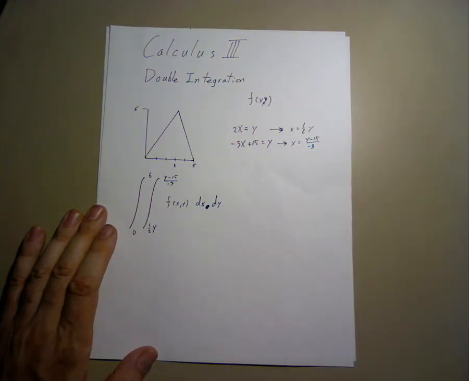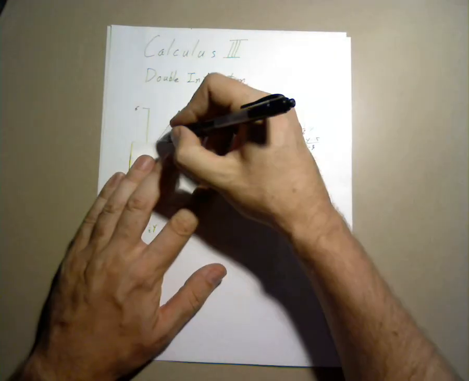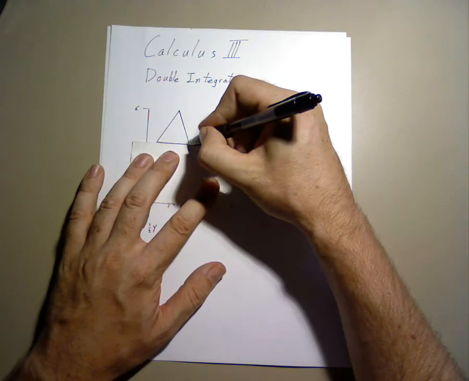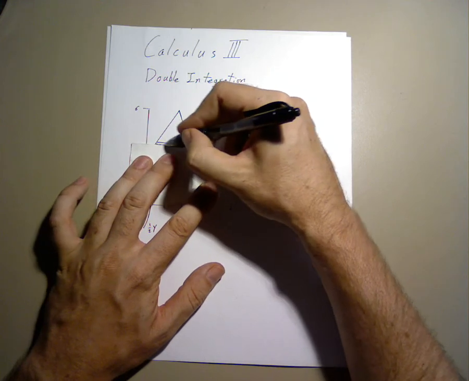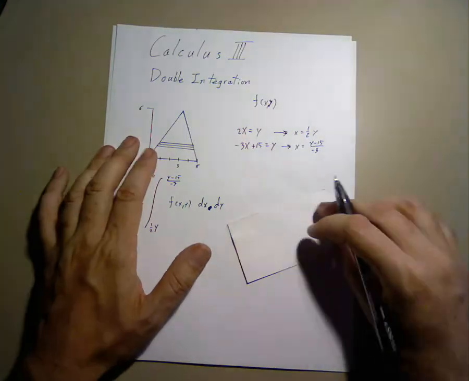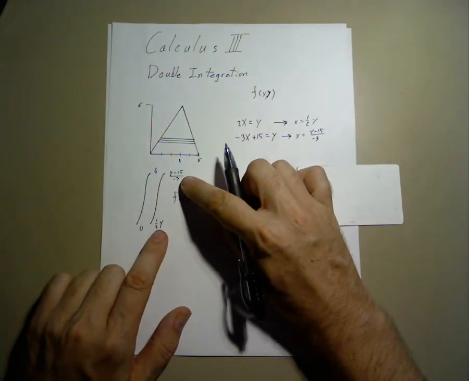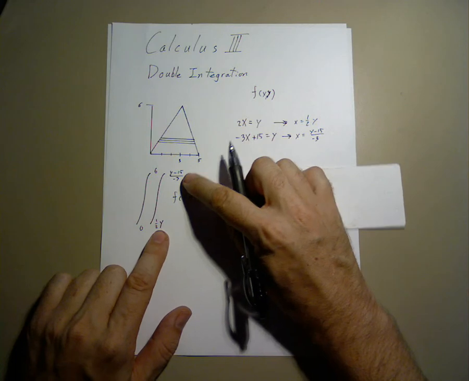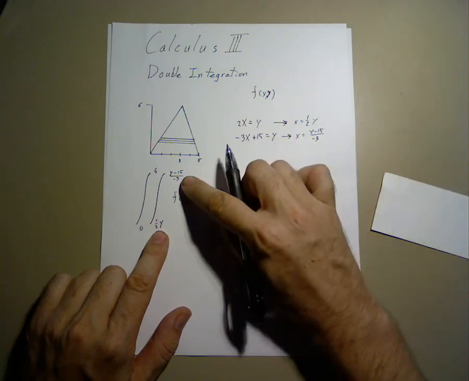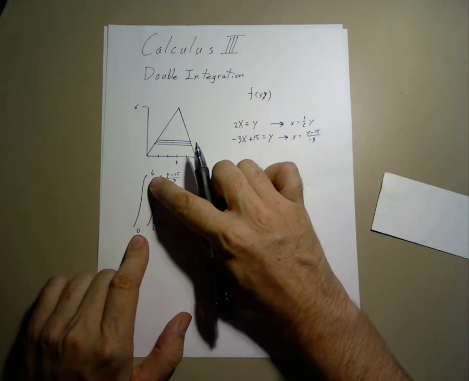Or, to put it a different way, we're integrating this line repeatedly. Of course, the length changes, and that's why we have variables in the inner integral. Notice we need to have no variables in the outer integral, the last one.